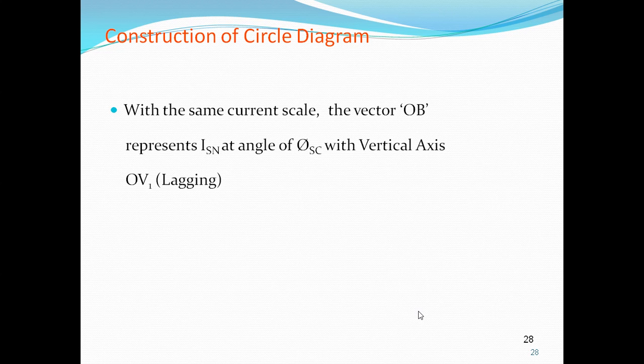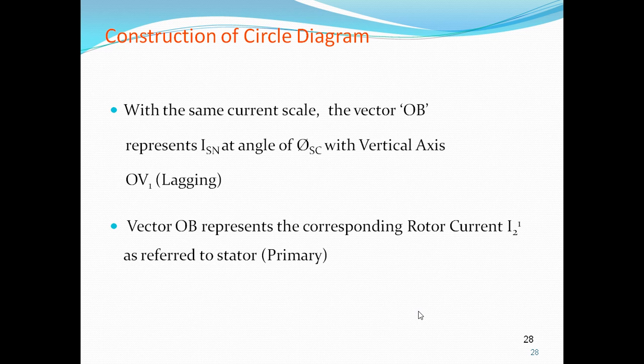So with the same current scale, the vector OB represents ISN at an angle of phi SC with the vertical axis OV1 lagging. Next, vector OB represents the corresponding rotor current as referred to stator.